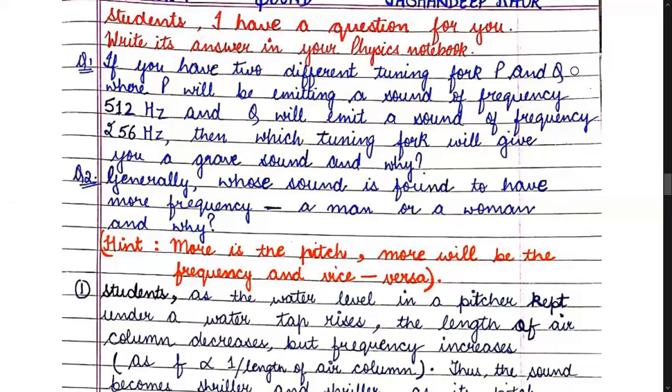If you have two different tuning forks, P and Q, where P will be emitting a sound of frequency 512 Hertz and Q will be emitting a sound of frequency 256 Hertz, then which tuning fork will give you a grave sound and why?